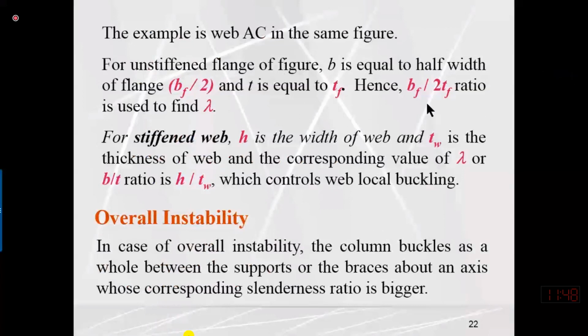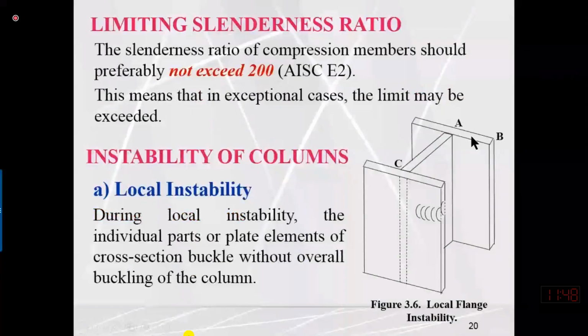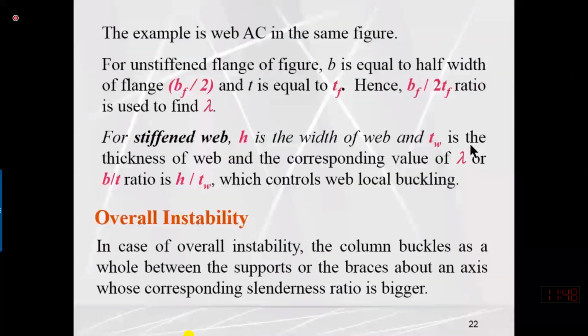In the case of the I section, bf is the total width of the flange, so the length from A to B is bf by 2, and t is the thickness of the flange. So the lambda value of the unstiffened element for a W section is bf over 2tf. And for the stiffened web, it is the b value of the web, meaning the height of the web, divided by the thickness of the web. Okay, what is the height of the web?